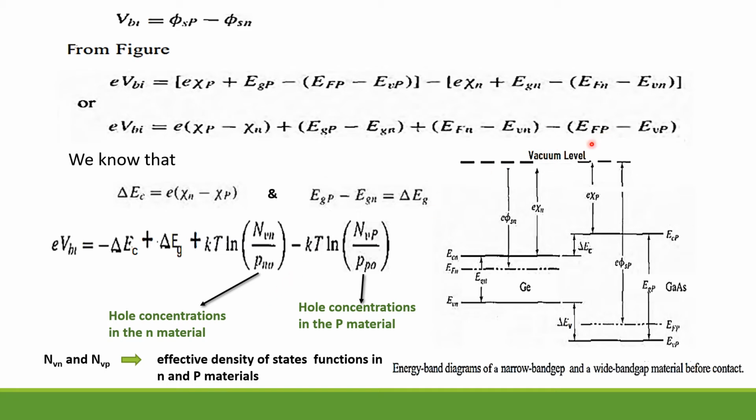And the fourth term is KT into log NVP divided by PPO. Here PNO is the hole concentration in the N material, and PPO is the hole concentration in the P material. NVN and NVP are the effective density of states functions in the N and P materials respectively.